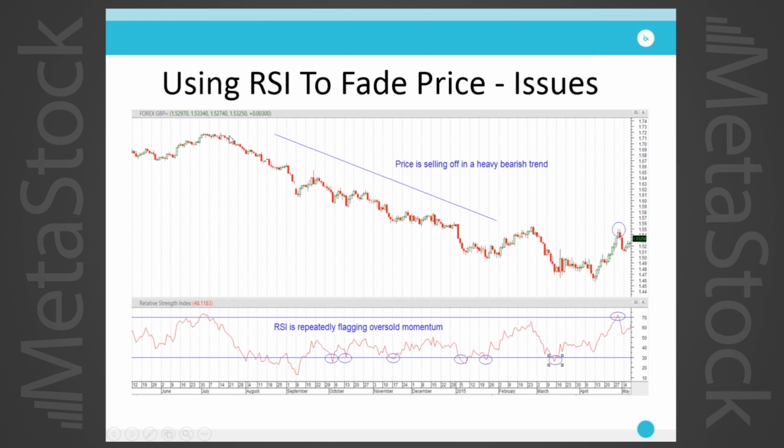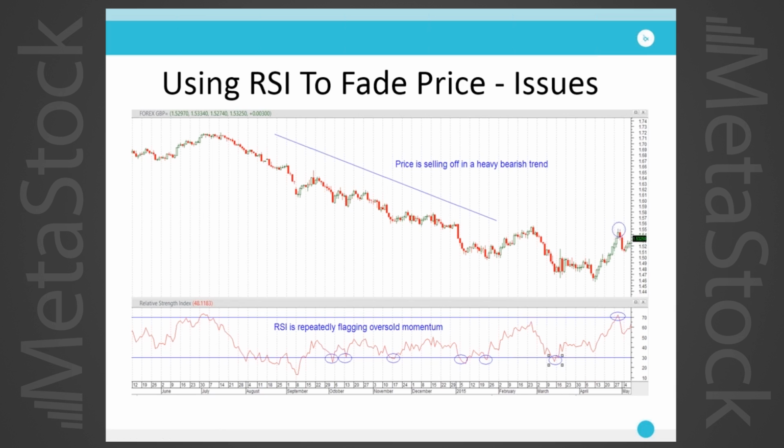We topped out in summer 2014, and then we saw that sustained bearish trend with price selling off quite relentlessly. Now, as price made its way heavily lower from those summer highs, look just how many times the RSI indicator registered oversold readings. There are actually around 5 or 6 times that the indicator was registering momentum as being oversold in the market.